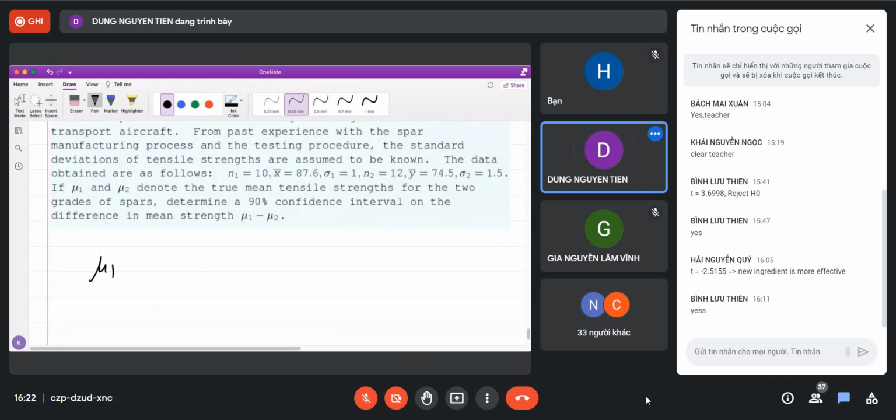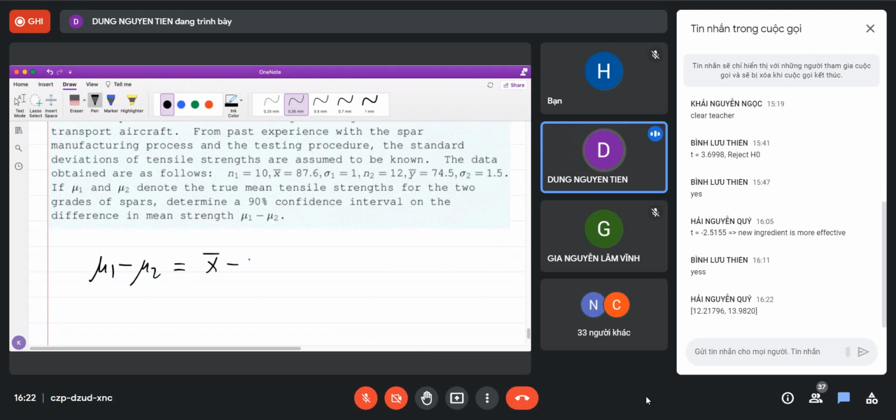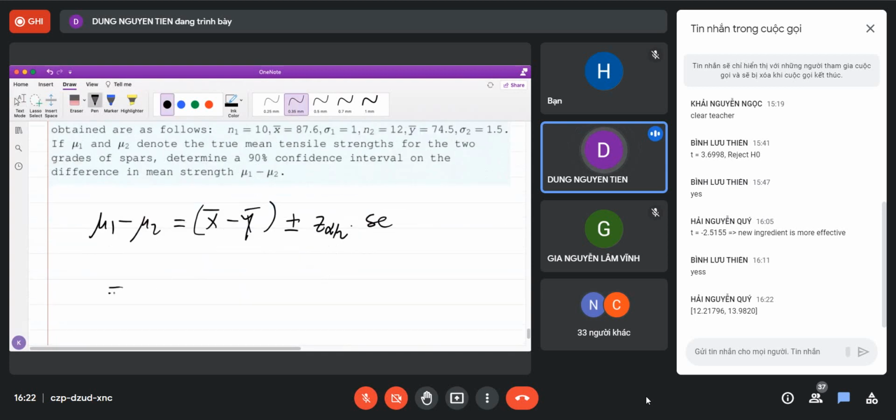Mu1 minus mu2 is simply x bar minus y bar plus or minus z value times the standard error. So you get x bar, which is 87.6, minus 74.5, plus or minus the z value.